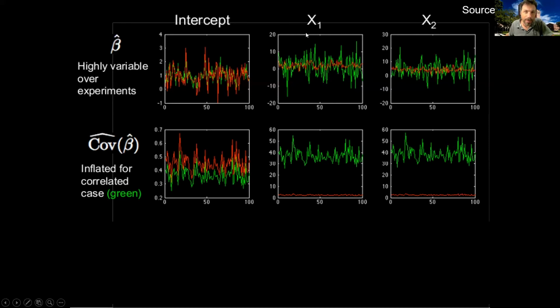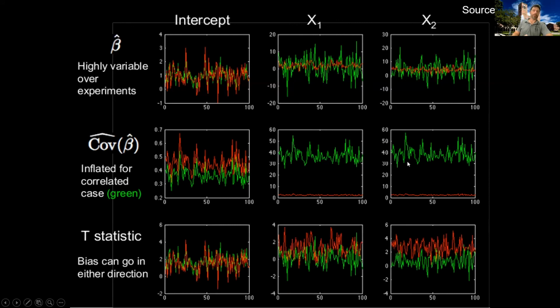And obviously, given this, you get really high variance in the correlated cases. And now, how does this affect your t-statistic? It depends. Sometimes you get a better t-statistic out of it. Sometimes you get a worse t-statistic out of it. So the bias here can go in either direction.